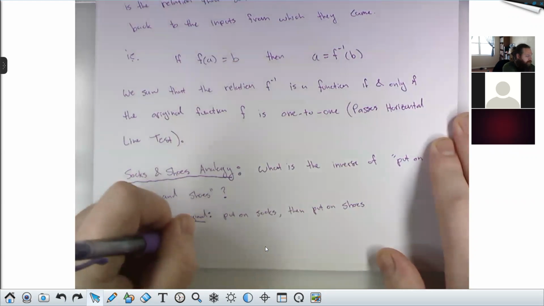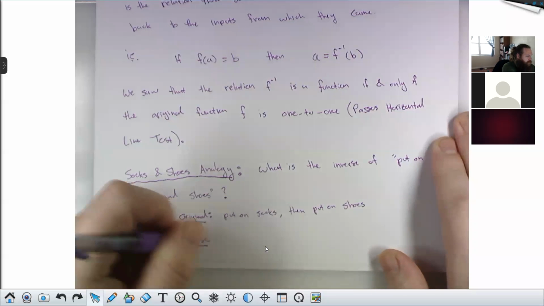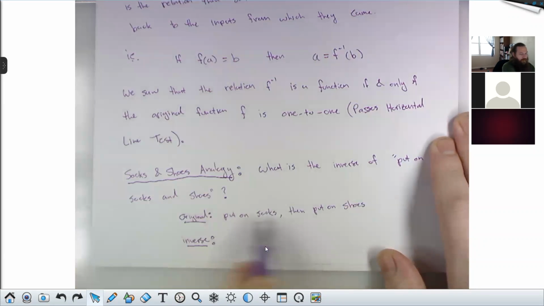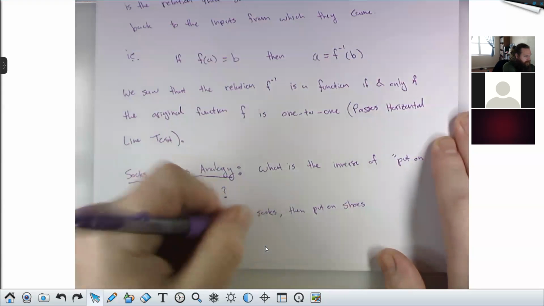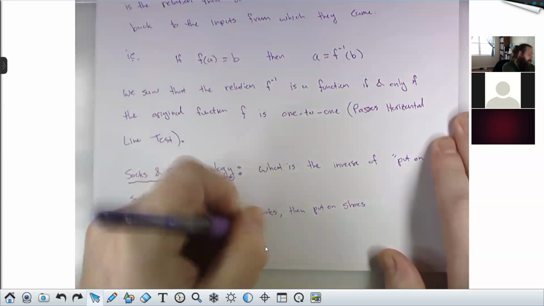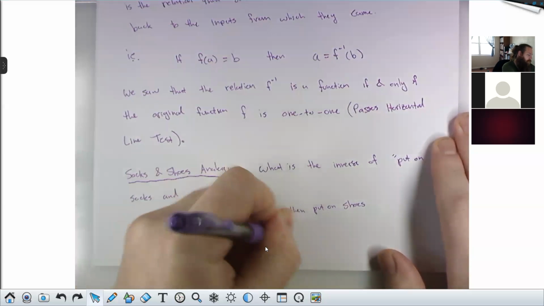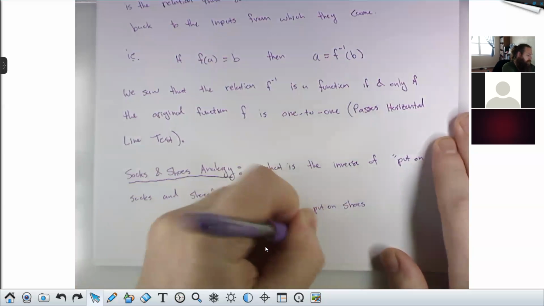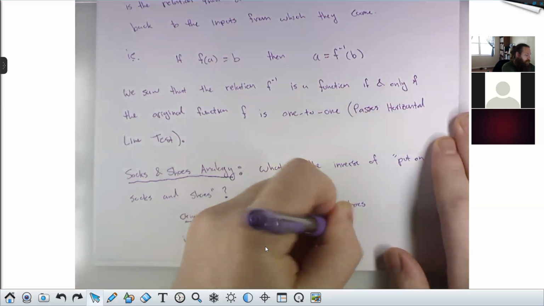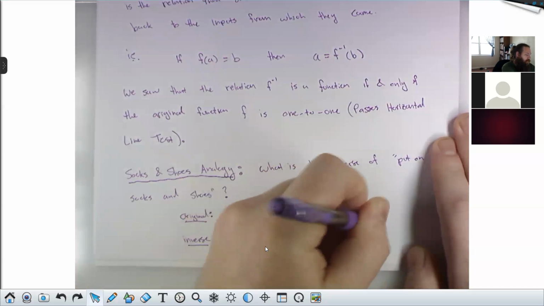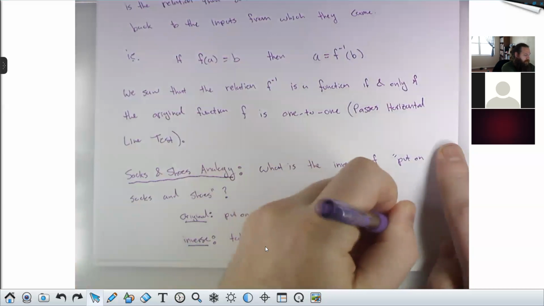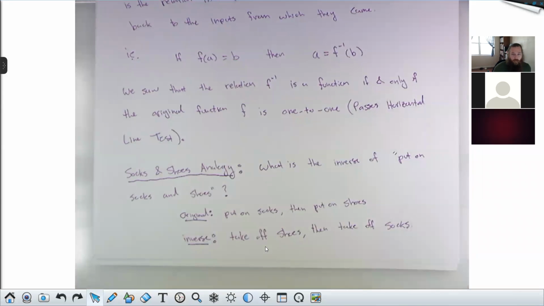The inverse has you doing the opposite of each of these things and in the opposite order, meaning you have to take off the shoes first, then take off the socks. You can't take off your socks before you take off your shoes because the shoes go over the socks.